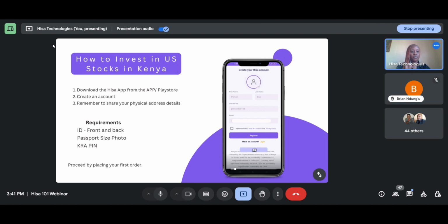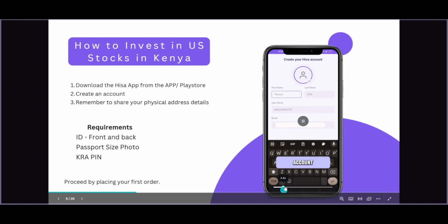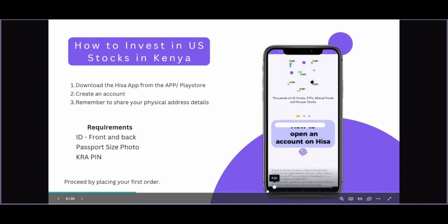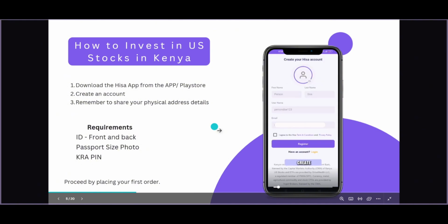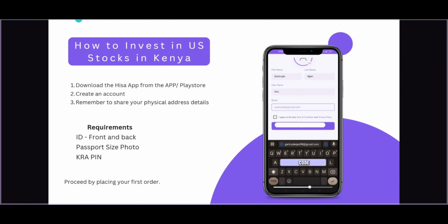Okay, we'll watch how you can create an account right here. Tap on create an account, key in your information, that is your first name, your last name, then choose a username. It can be a combination of your first and last name or any word.